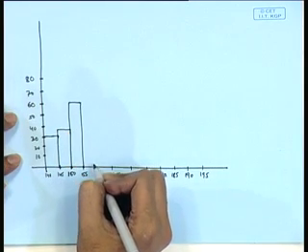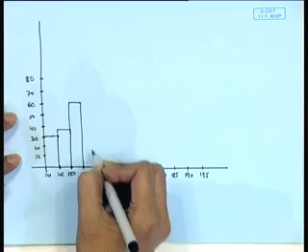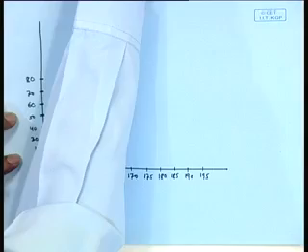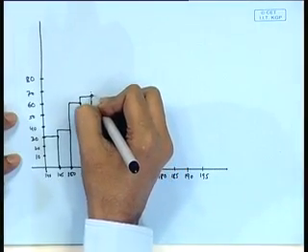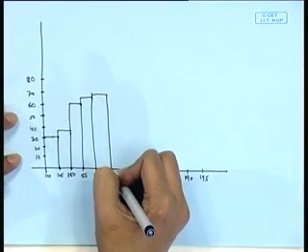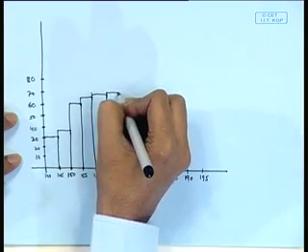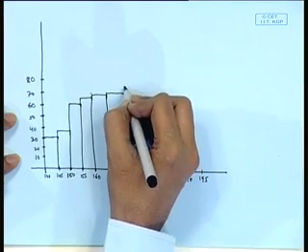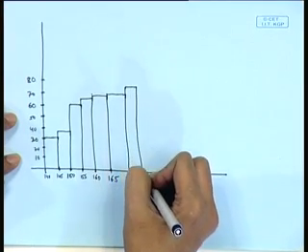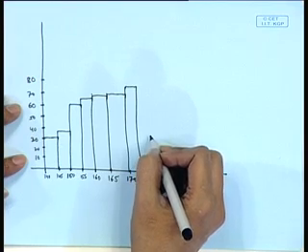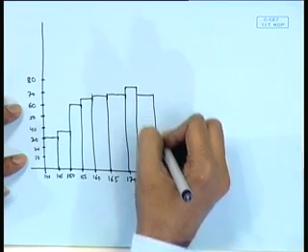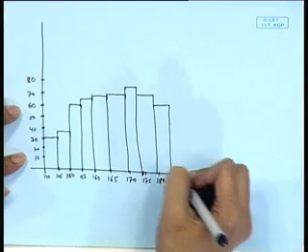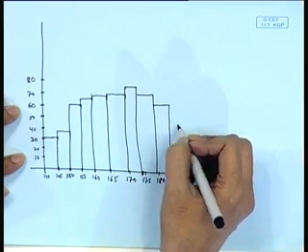From 155 to 165 it is 65, then next 67, 165 to 170 is 70, 170 to 175 is 75, 175 to 180 it is 70, 180 to 185 it is 62, and 185 to 190 it is 51.